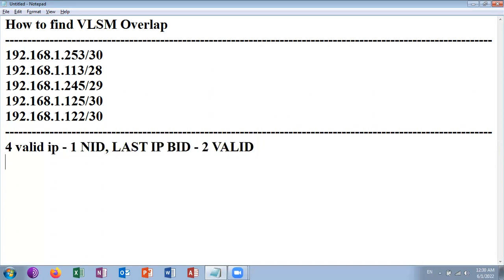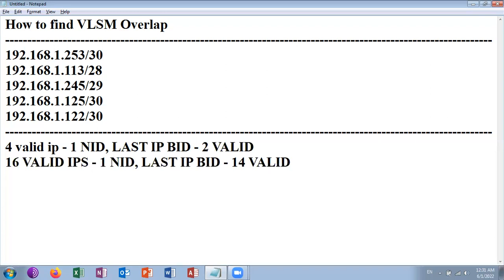Next is the /28 series. In this we have 16 valid IPs. The first one will be the network ID, the last one will be the broadcast ID, and there will be 14 valid IPs.